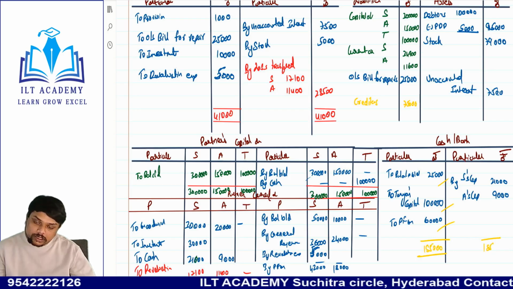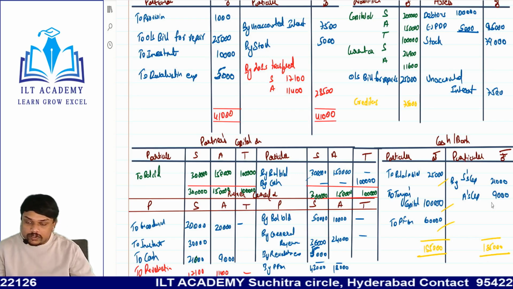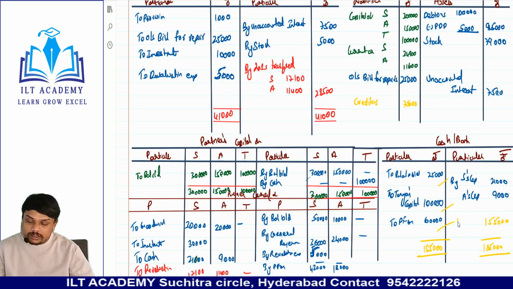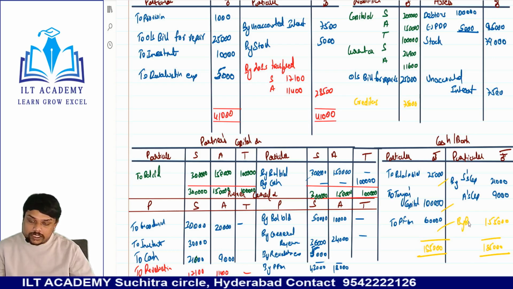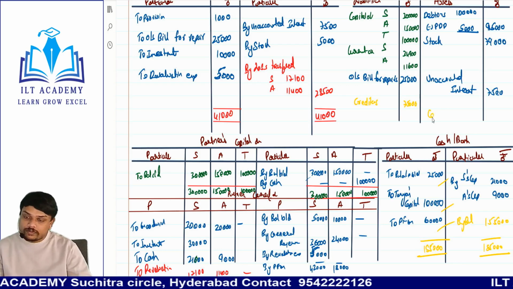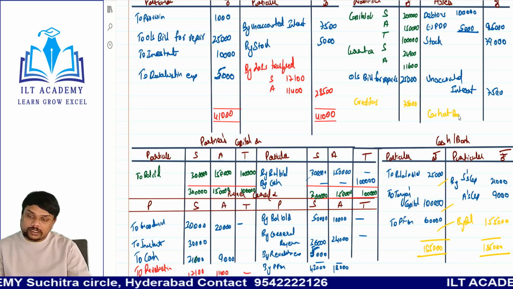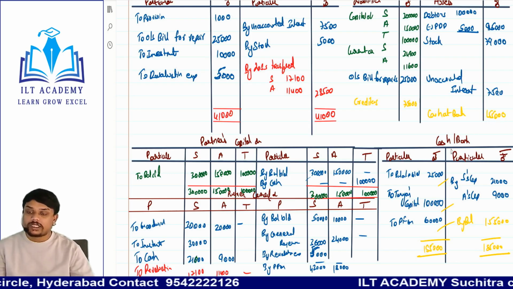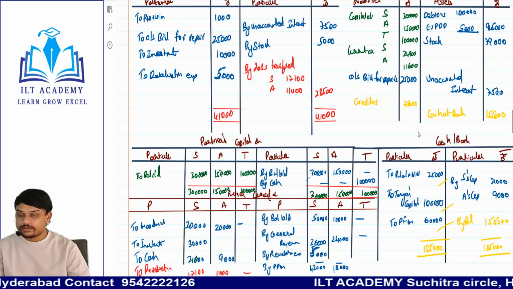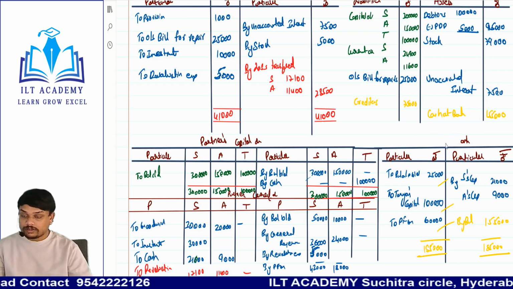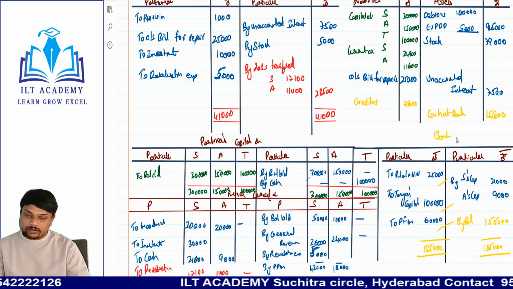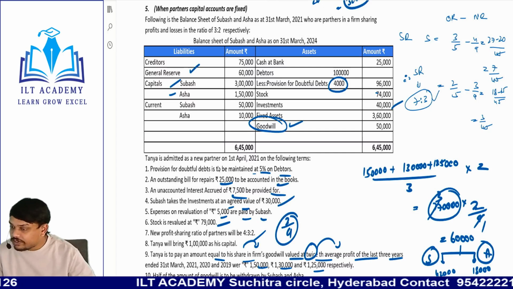Here also we are going to get 1,85,000. 185 minus 30, 1 lakh 55,000. Cash at bank 1,55,000 is done.